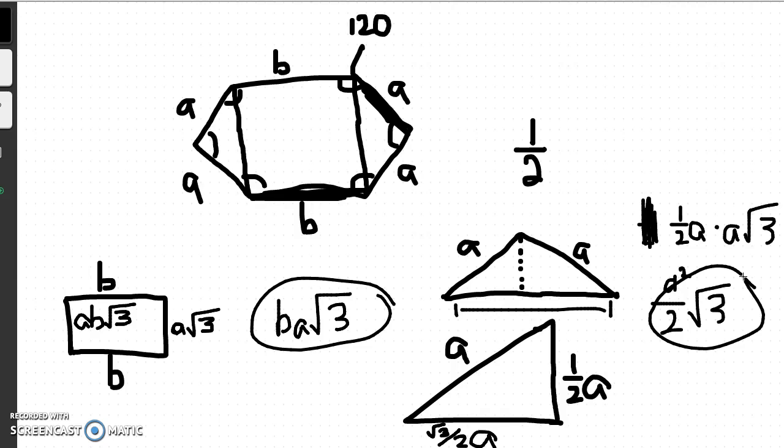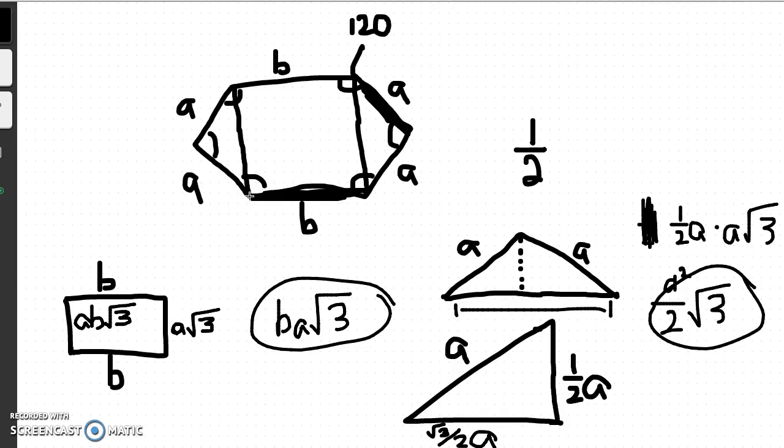Each angle of the hexagon measures 120 degrees. Bisect the angle labeled B, this angle here, and construct segment AC, this segment here.